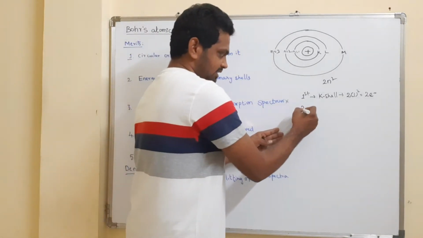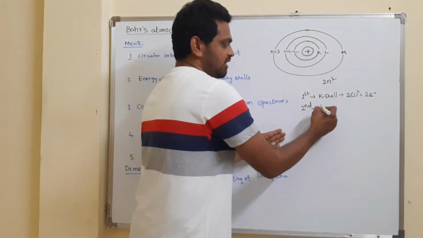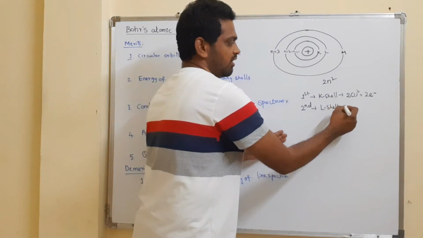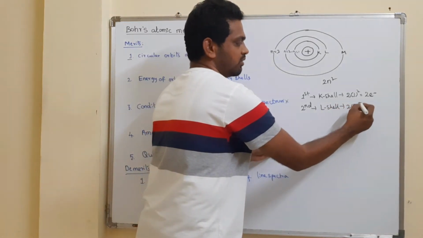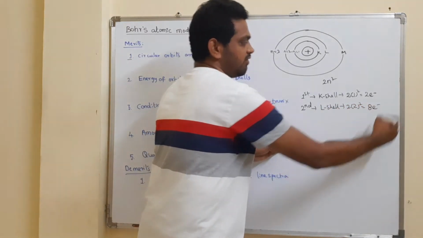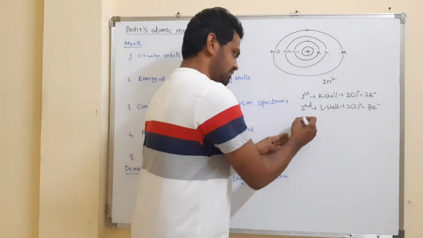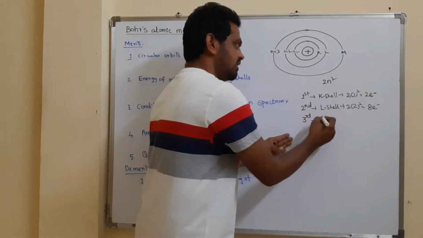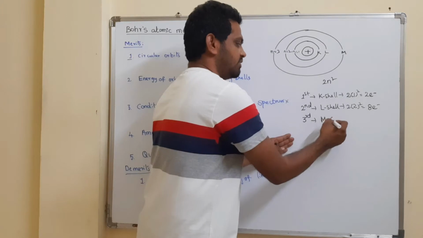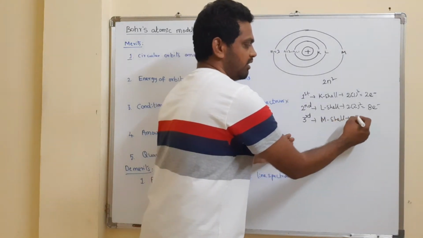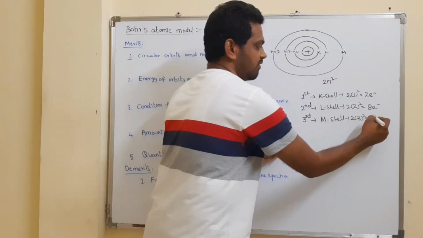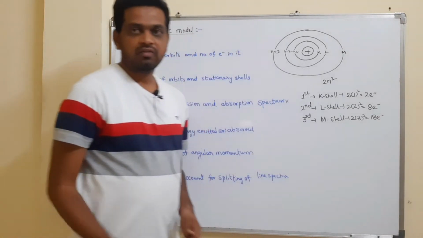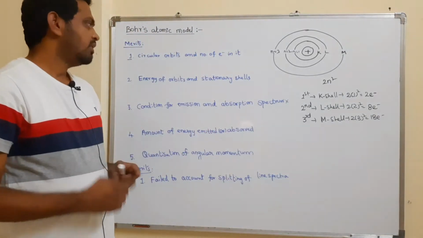In a similar way, in the second main energy level, capital L shell, we can accommodate 2 into 2 square, a maximum of 8 electrons. In the third main energy level, capital M shell, we can accommodate 2 into 3 square, 18 electrons respectively.